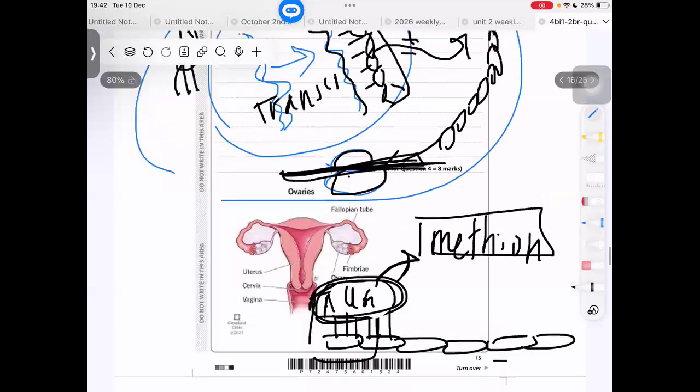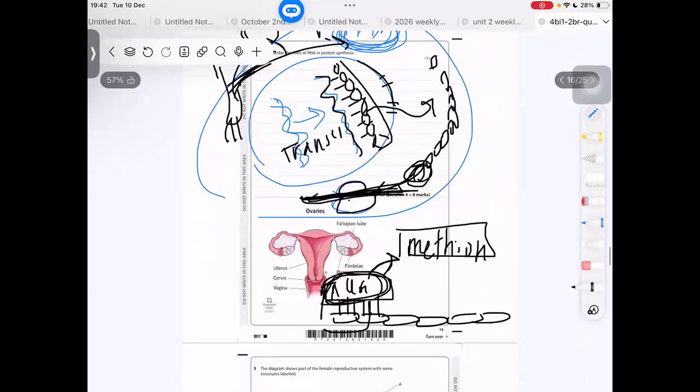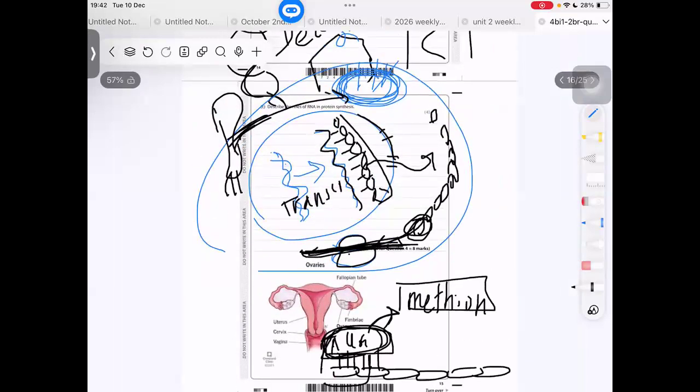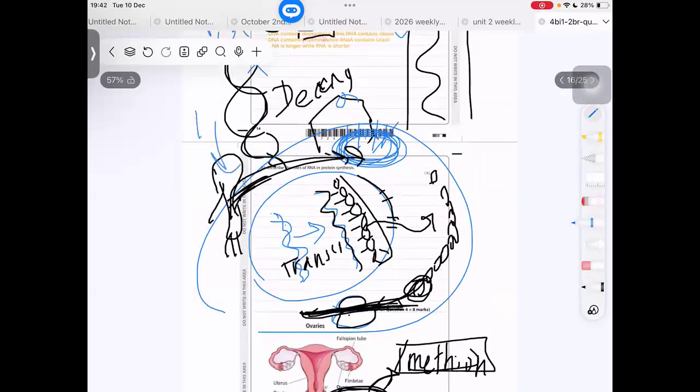AUG codes for methionine. So basically, let's say this mRNA comes to this ribosome, and the ribosome will read the mRNA. First, the ribosome will read the AUG codon. When the AUG codon is read, this tRNA molecule goes into the amino acid pool, gets the methionine, it gets attached like this onto the head of the tRNA molecule. The methionine gets attached and it quickly comes into the ribosome area.